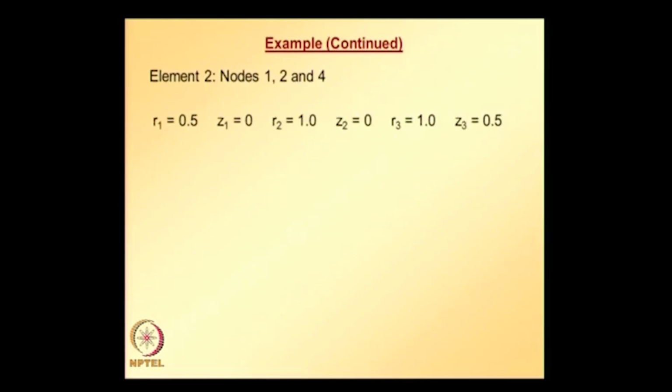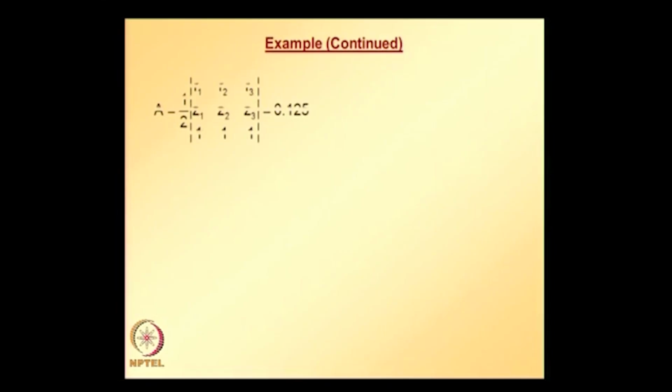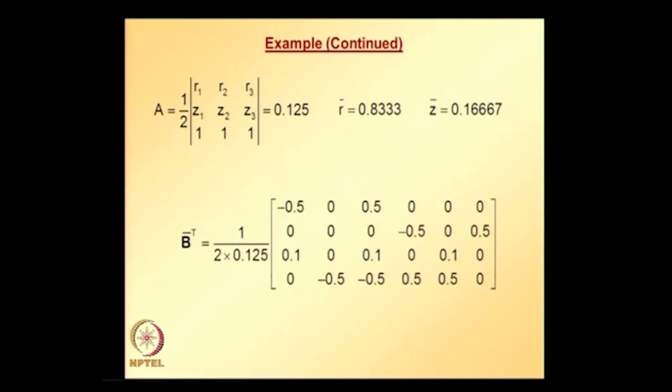Now let us go to element 2 and assemble the element stiffness matrix, noting down the spatial coordinates of all the 3 nodes. We can calculate the coefficients f's, b's and c's, and also the area of element 2 and the centroid of element 2 with respect to the coordinate system that is defined, and then the strain displacement matrix evaluated at the centroid of element 2.